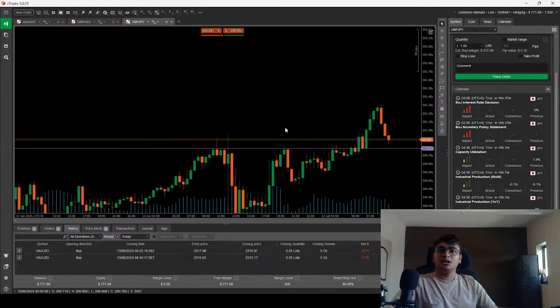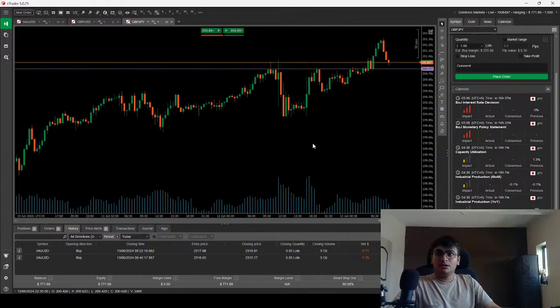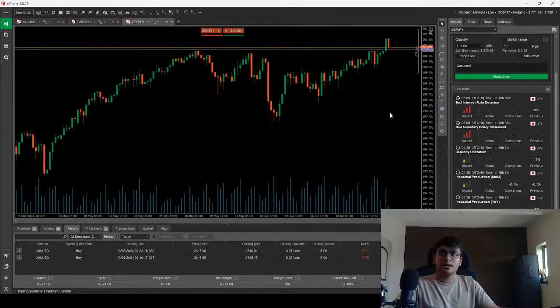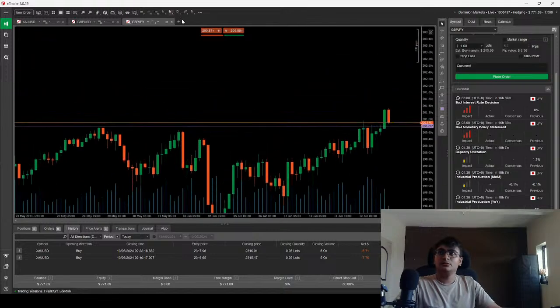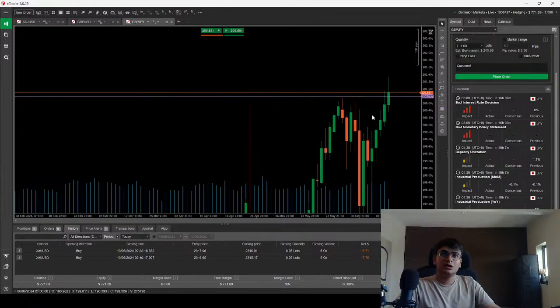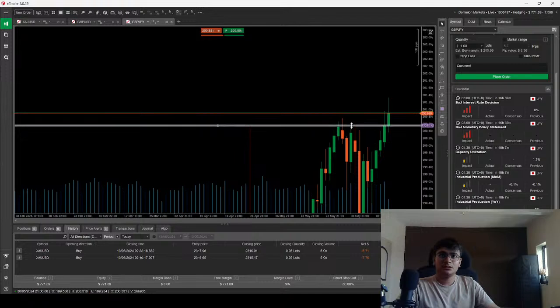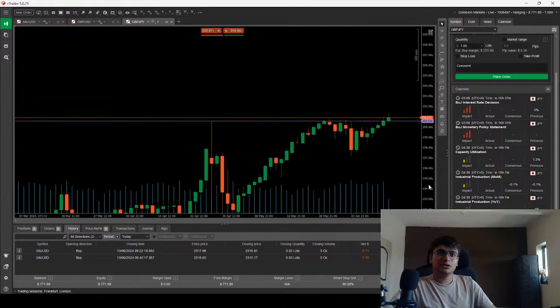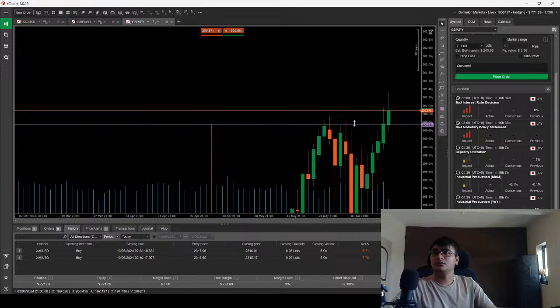Now taking a look at the GBP JPY, it's hard to say if it has broken the resistance, coming back to that area on the daily candle. Looking at the daily candle, it didn't close exactly at the resistance, so this is a tricky one, right?